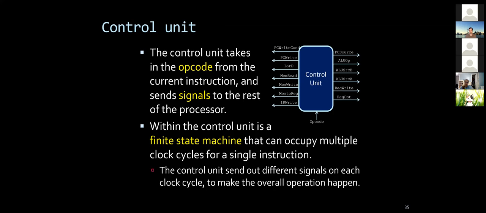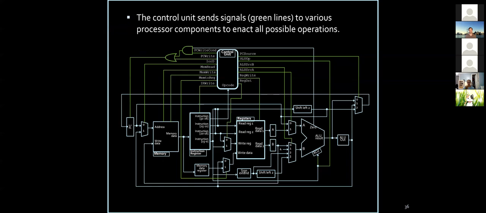Within the control unit, there is a finite state machine that can occupy multiple clock cycles for a single instruction. The control unit sends out different signals on each clock cycle to nicely orchestrate the operation happening in each cycle. Essentially, the control unit sends signals through these green lines I'm showing on the circuit here to various processor components to enact or stop them from doing different things.